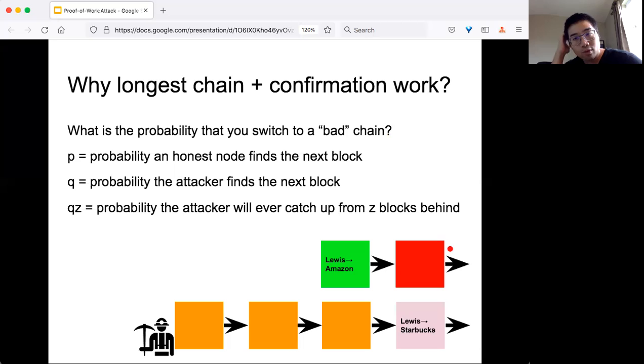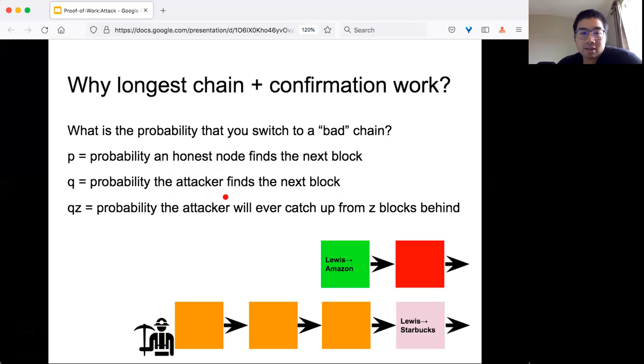The framework to analyze this probability is that you first consider 2 types of miners. An honest node is a correct miner that follows the protocol. And you also have an attacker, which you can think of as a Byzantine miner, who could do arbitrary things.